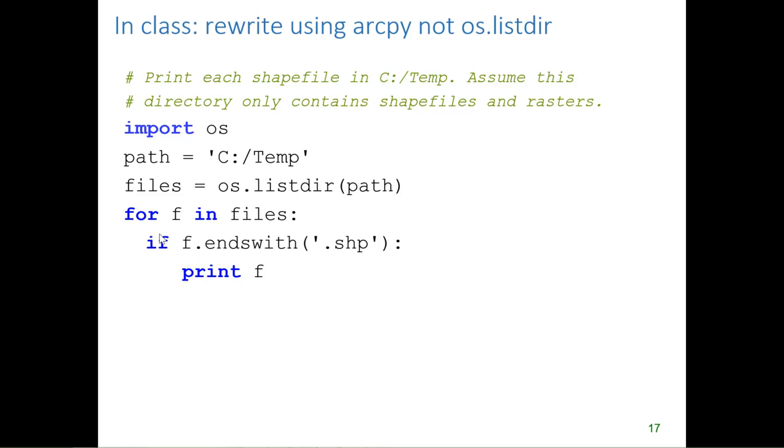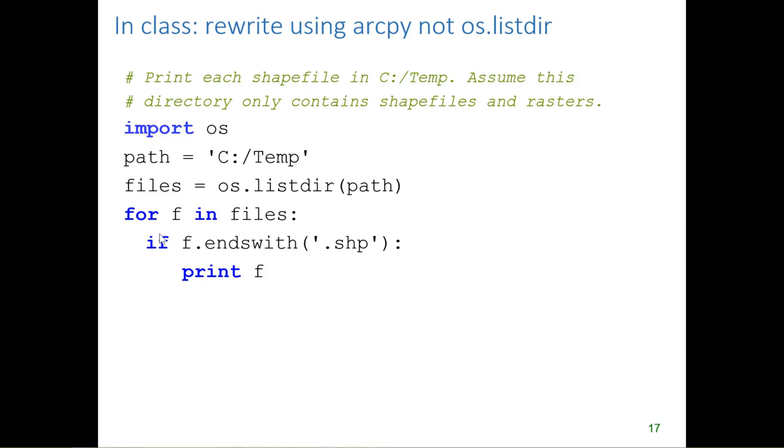Now I'd like you to do another in-class exercise. The instructions are to print each shapefile in ctemp. Assume this directory only contains shapefiles and rasters. Well, okay, we can do that using os.listdir, right?